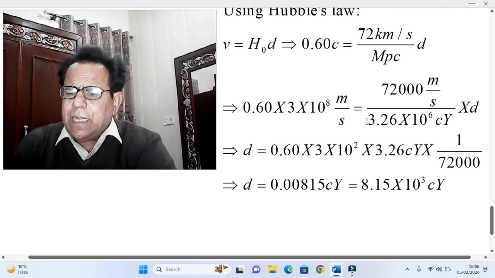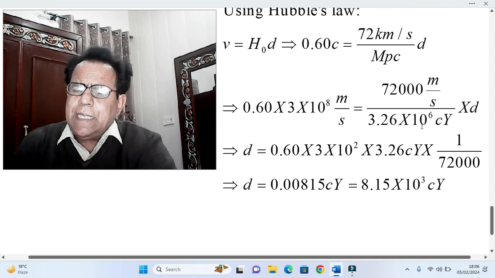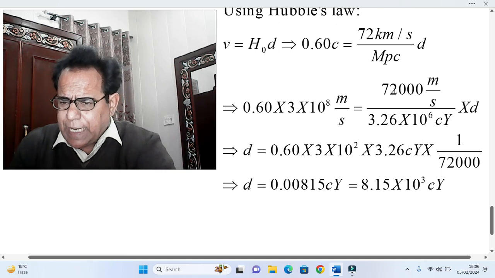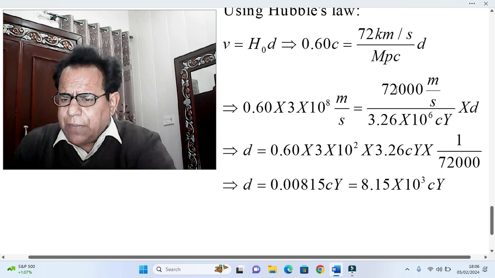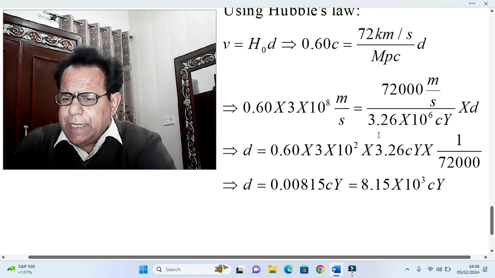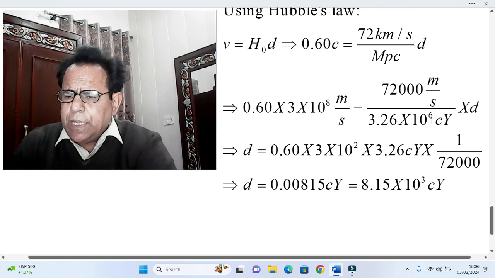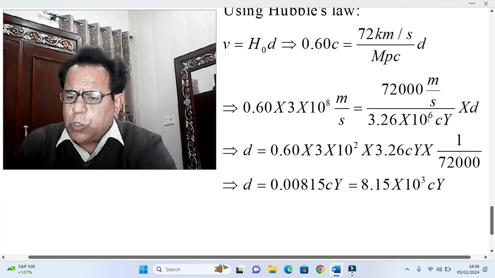Or in other words, we can simplify it in several other ways. For example, we can write it 72 divided by 3260, because these three zeros will reduce this 10 raised to the power 6 to 10 raised to the power 3, and when 10 raised to the power 3 is multiplied with this, it will become 3260.